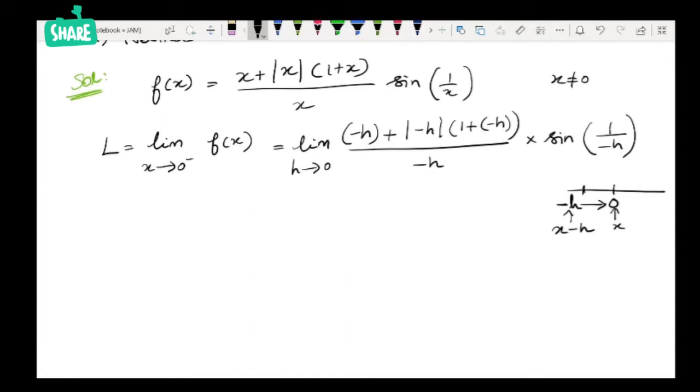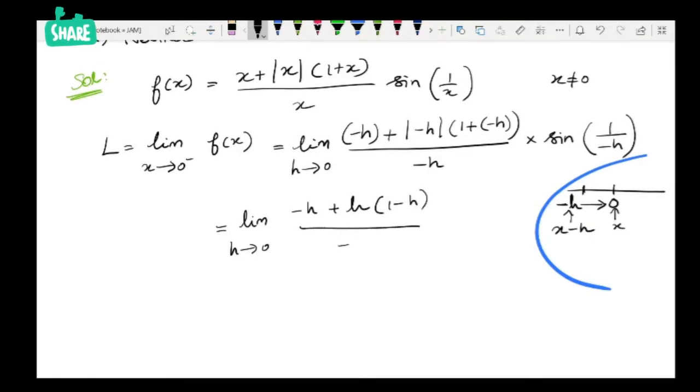Great. So let's simplify this one. Limit h tends to 0, of minus h, the modulus will become positive, so plus h into 1 minus h, the whole divided by minus h, into sine minus 1 by h.